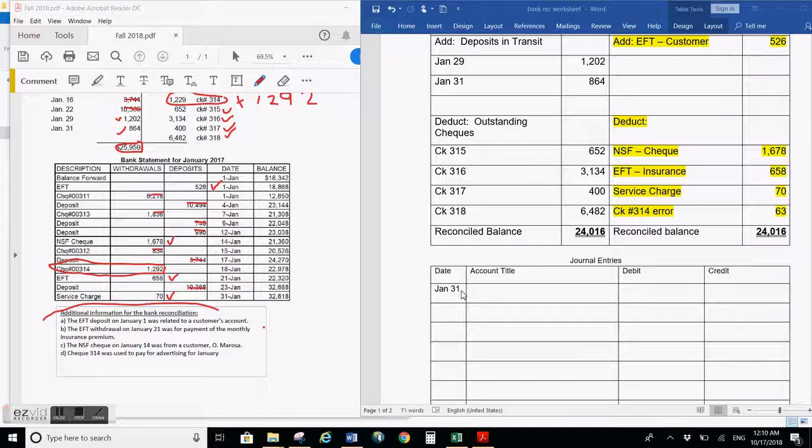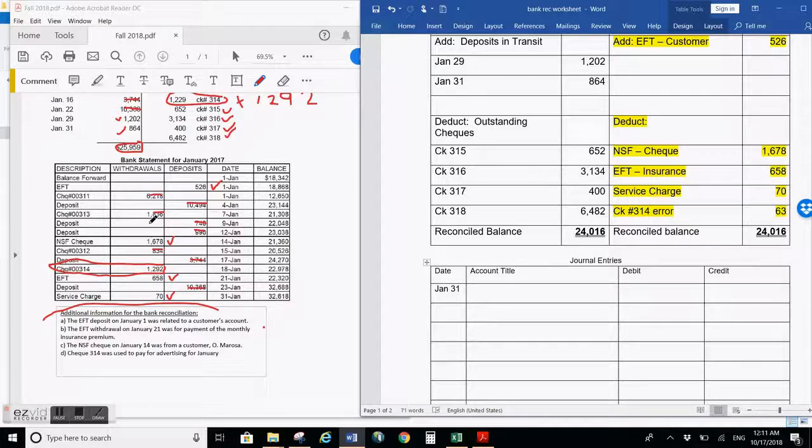Okay, so now when we go to do those journal entries, all of these journal entries will be dated for the end of the month, the end of the bank statement month. I like to go straight down the list so I don't miss anything on this side. So I'm going to start with this EFT payment here. If we go to our other information, the EFT deposit on January 1st was related to a customer's account. So we can assume that we're collecting accounts receivable.